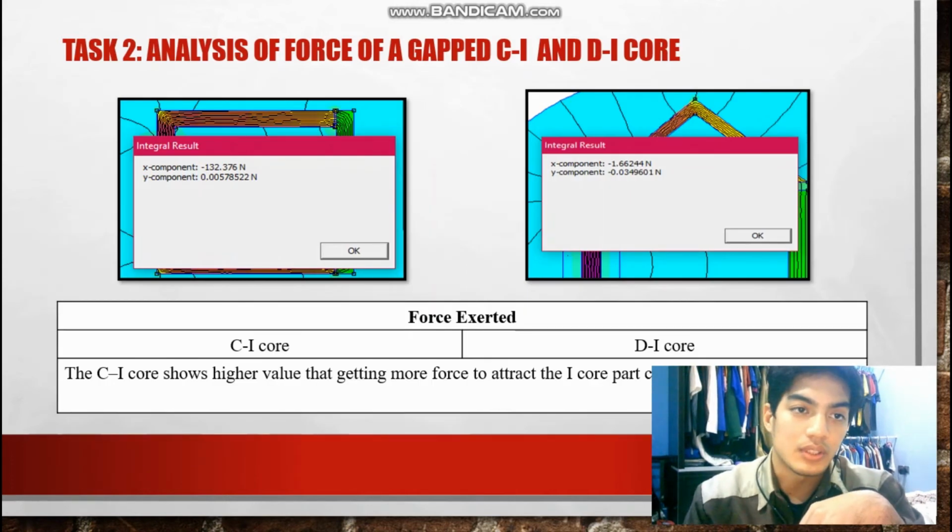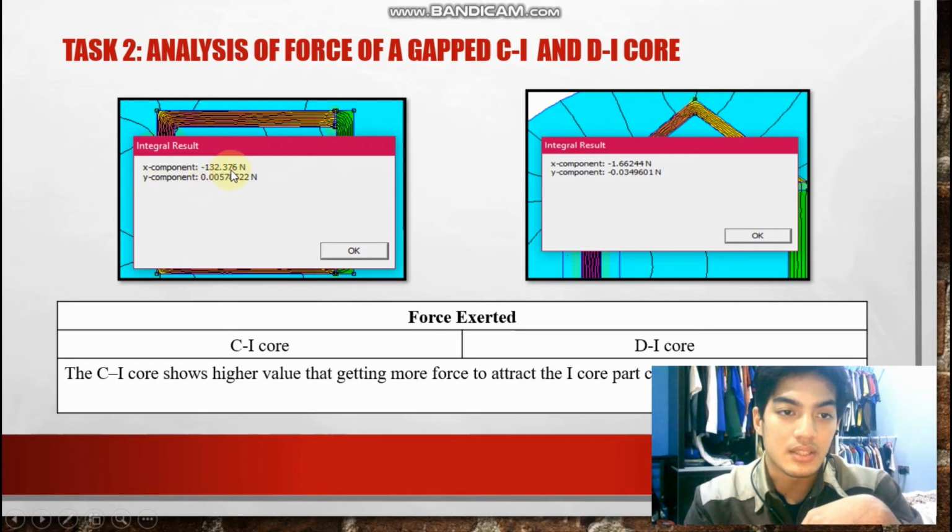Next, I will go to the analysis of force between the gap for the CI and the DI. You can see the CI core shows a higher value, getting more force to attract the I core compared to the DI core, as you can see in my slide: negative 132.3776 for the CI core, and the X component for the DI core is negative 1.66244 newton.